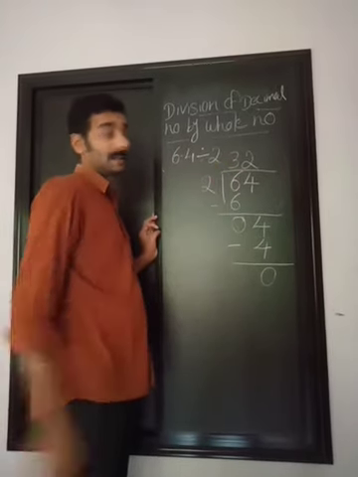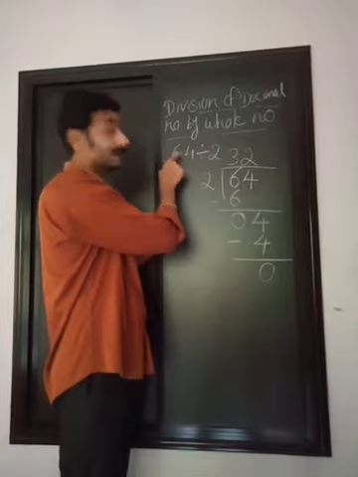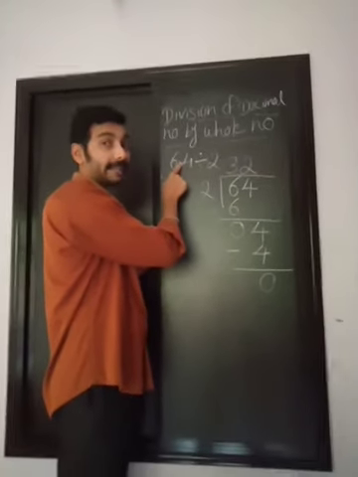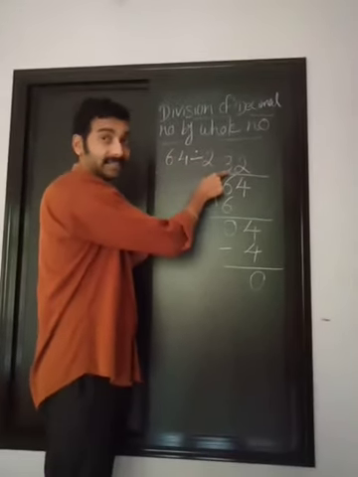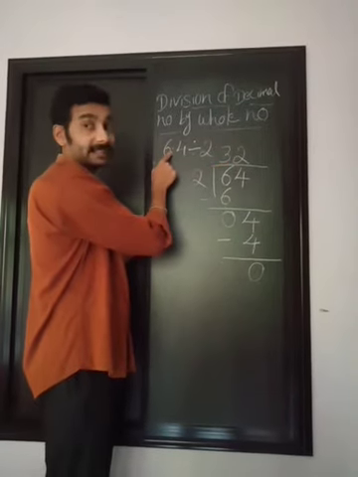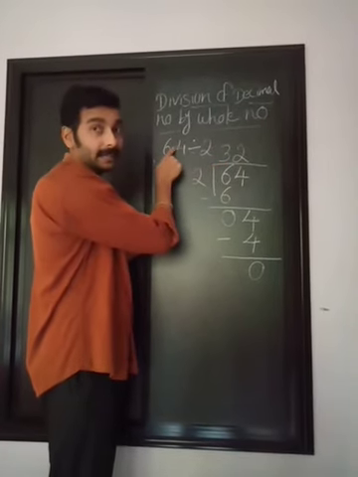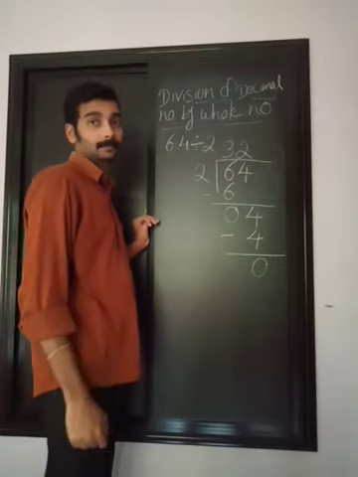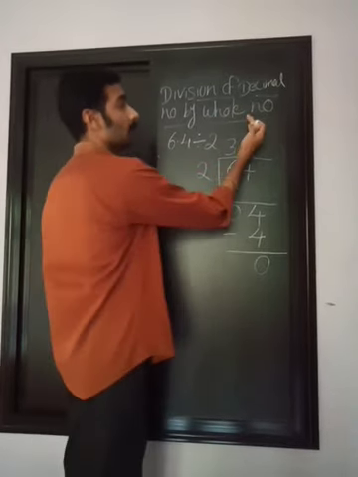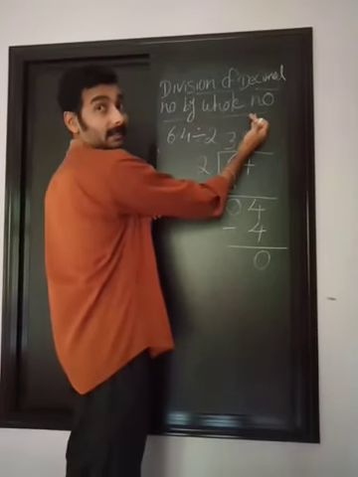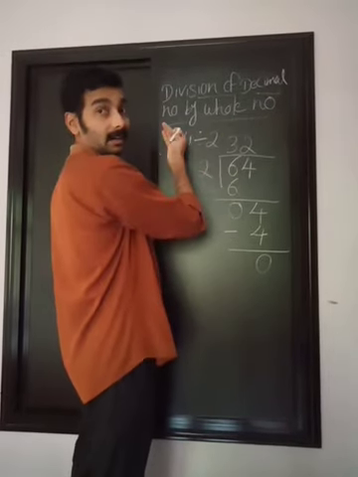32. But in case of it is decimal, 6.4, we get the result is 32. But the question is in the form of 6.4. Then we move 1 point to the left.